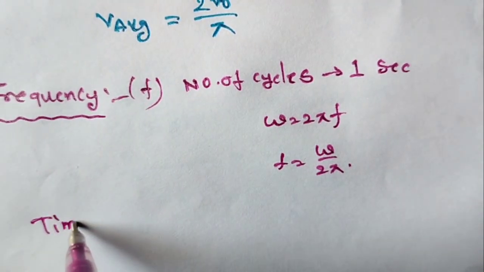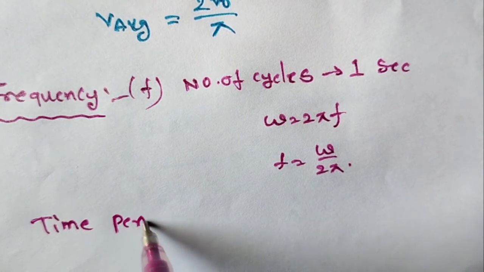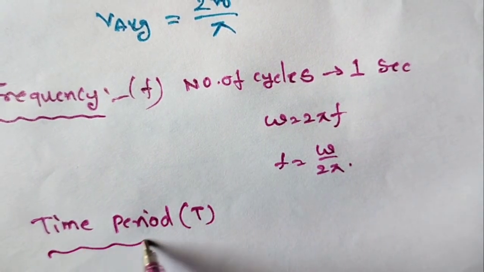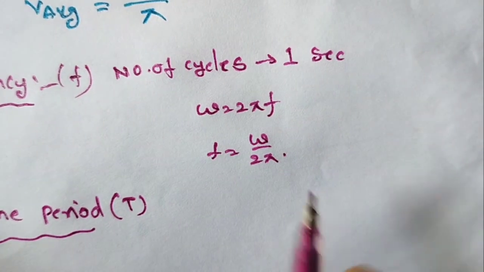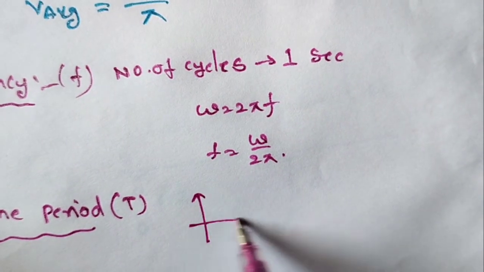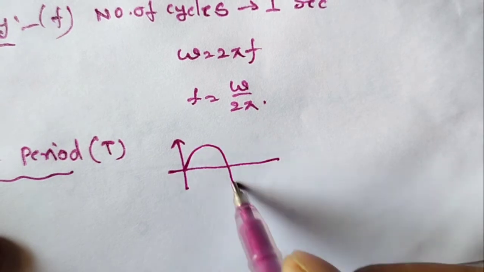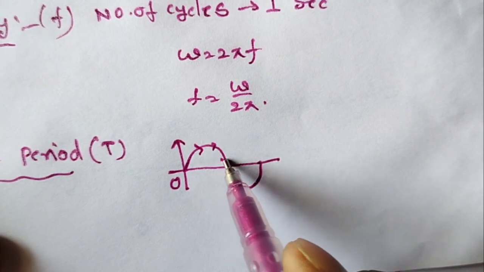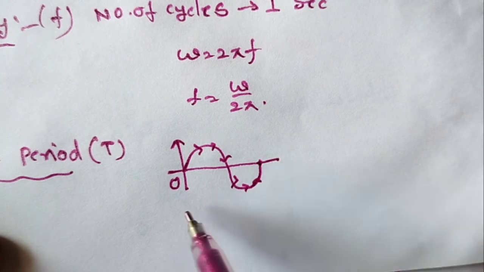And the time period. How to calculate the time period, capital T, in AC? For one complete cycle, how much time is taken? This is an AC curve, with time starting at 0. This is one complete cycle.